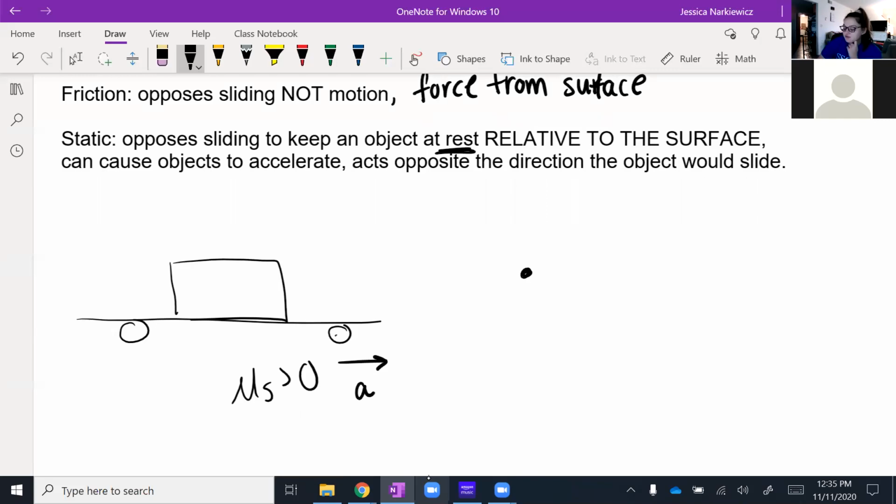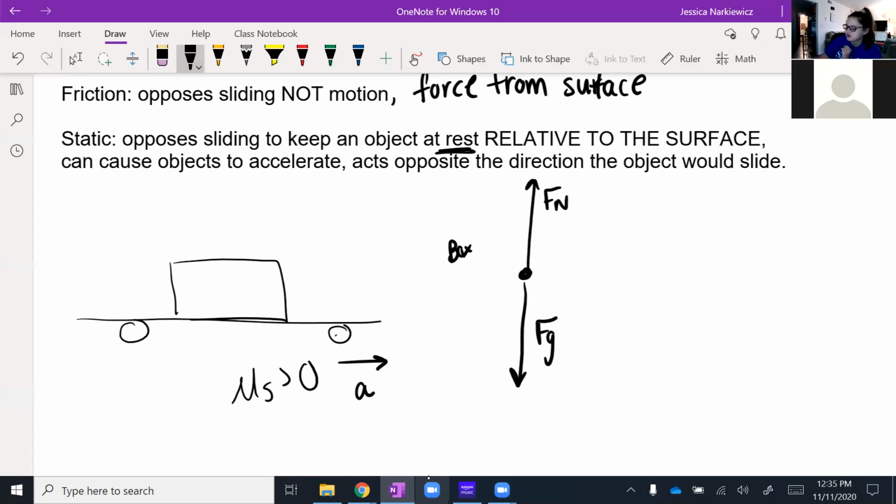If I was to draw a free body diagram for the box, I would quickly be able to fill in a normal force and the force of gravity. What would be tricky is the direction of my force of friction. Now, if this box was going to slide, the box would slide to the left.